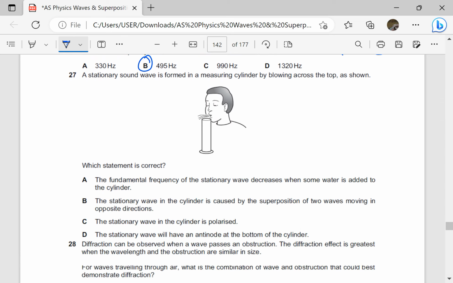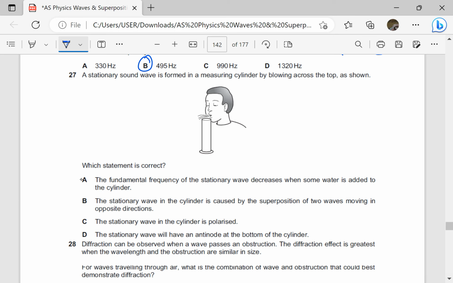A stationary sound wave is formed in a measuring cylinder by blowing across the top as shown in the figure. Which statement is correct? The fundamental frequency of the stationary wave decreases when some water is added to the cylinder.